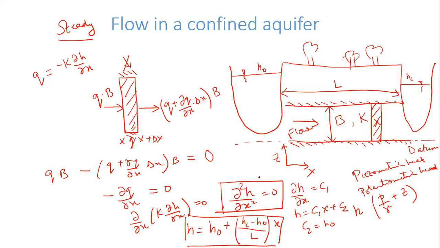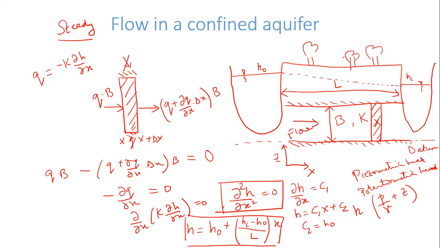So it's a simple linear equation. The head inside the aquifer will be represented by, I'm going to draw this dotted line. Of course, I've not drawn it perfectly, but that's how the head varies in this confined aquifer as you go from the boundary on the left, which is at H naught, to the boundary on the right, which is at HL. Very, very simple. No complication at all.